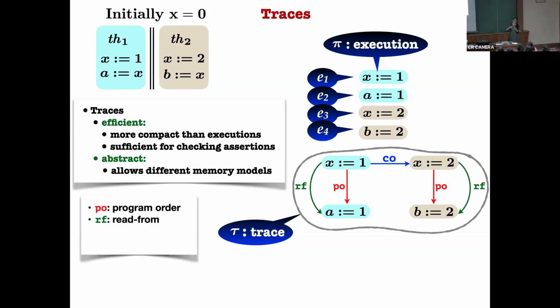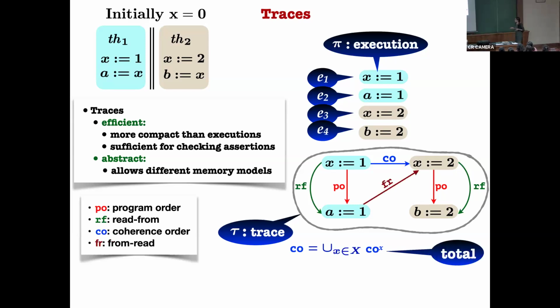If x1 happens and then x2 happens, I will have a CO edge between the two writes. The last kind of edge is called from-reads, FR. Notice that this read read from this value of x, and now there is a write which overrode that value of x. So the from-read goes from the read to the write which overrode the value it read from. Anyway, this is just a choice of edge. Don't worry too much about why FR is there. Even if FR is not there, it's fine.